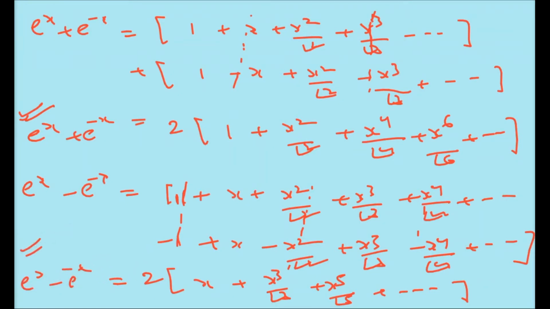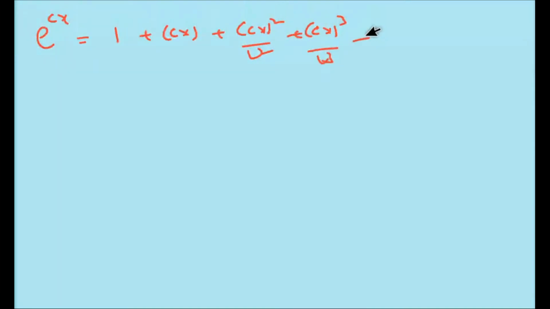Okay student, now I will show more. Now if we write e to the power cx, then using this theorem we can write it as 1 plus cx plus cx whole square upon factorial 2 plus cx whole cube upon factorial 3 plus and so on.